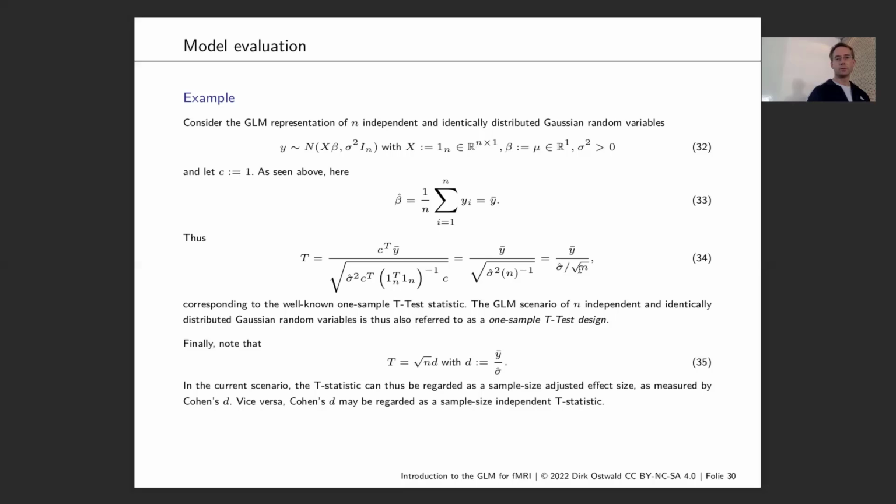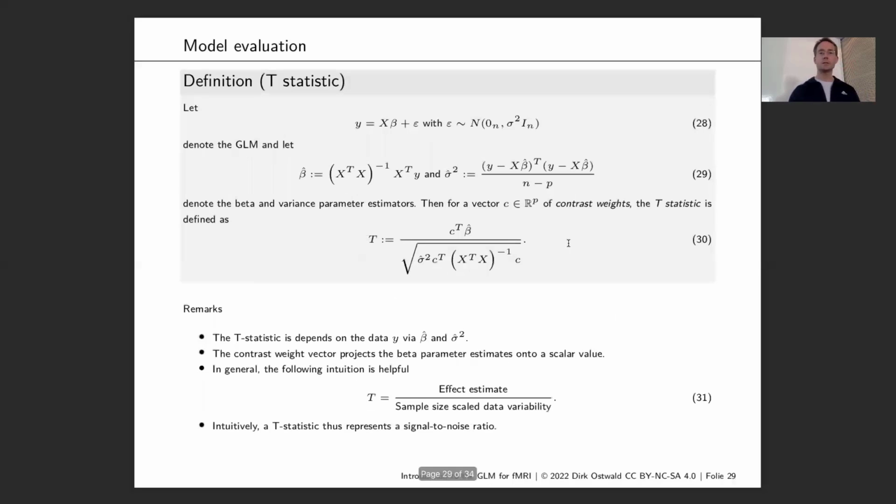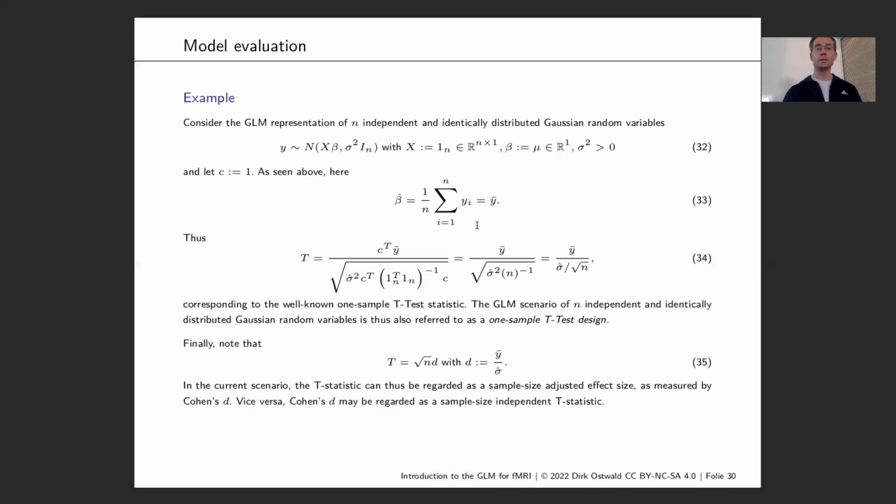We can also write it differently. We can put the square root of n before that. And then we see that this general t statistic that we defined here, in the case of a one sample t-test design with C defined as 1, is our standard t statistic that we know from one sample t-tests, namely the ratio between a sample mean and variability.